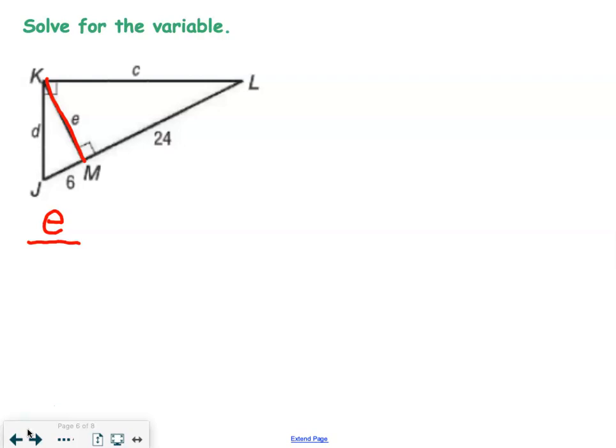So if I look, E is in this little left triangle on the left side, or it is in the triangle on the right. So now if I go back and label, E would be the short side on the blue, and 24 is the long side on the blue. Now if I look at the red triangle, 6 is my short side, and E would be my long.